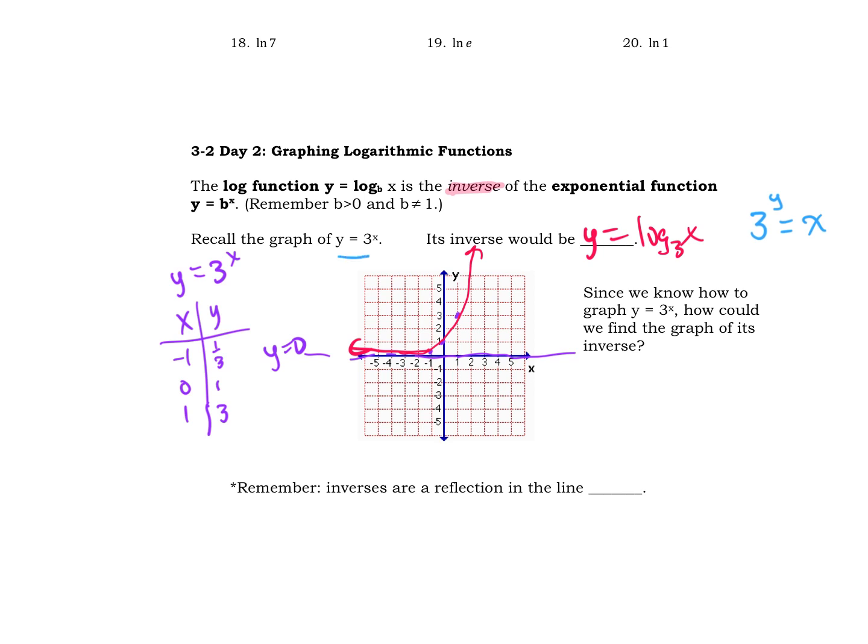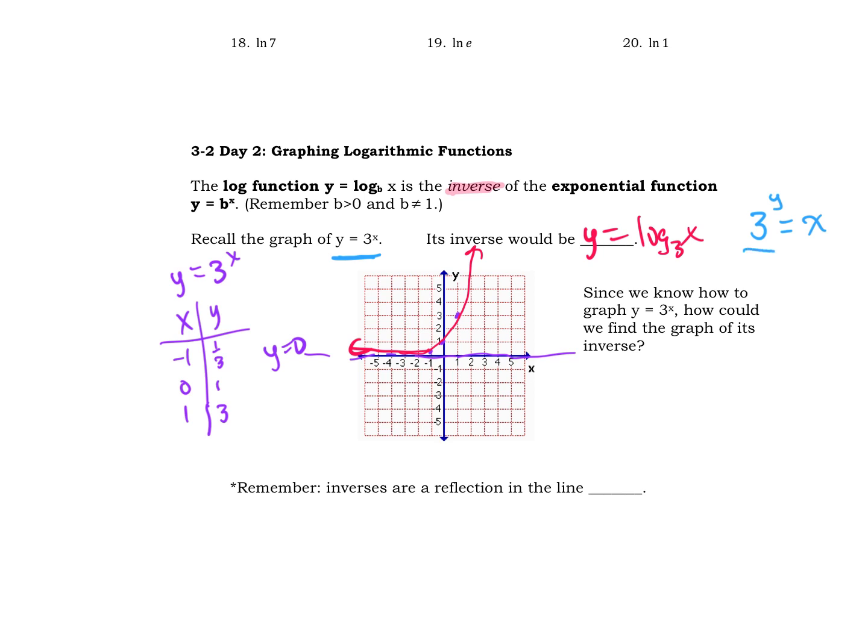And if you look at what we started with over here, we've just switched x and y is all that's happened. So they are inverses of each other, right? So keep that in the back of your mind. We're going to basically switch our x's and y's in order to do our graphing.